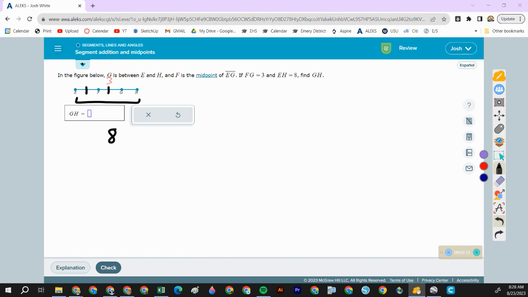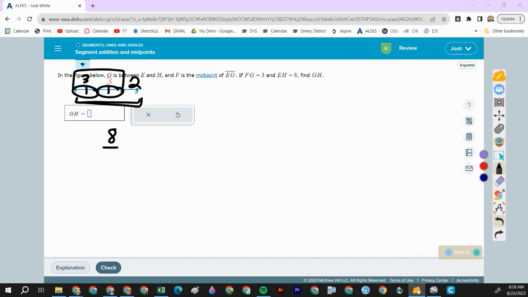So using the midpoint rule, I know that this segment is the same length as this segment, so I can put a 3 there. And now the whole length is 8, and this much is 6. So that would be a 2.